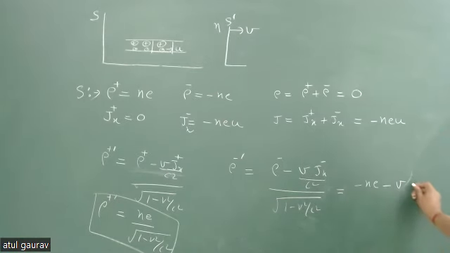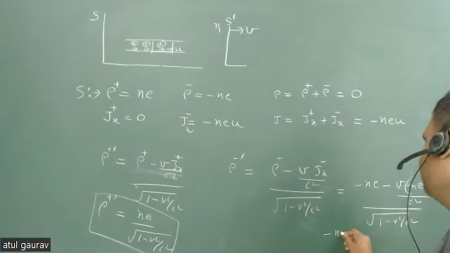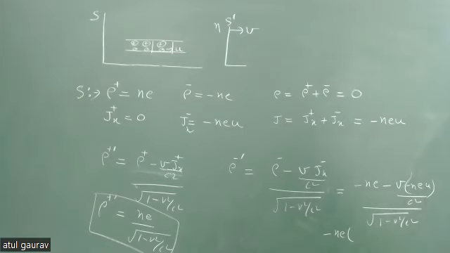Jx minus is minus ne u. Upon c square, and here you have 1 minus v square upon c square. You can take minus ne outside, and you have 1 plus uv upon c square, over root under 1 minus v square upon c square.